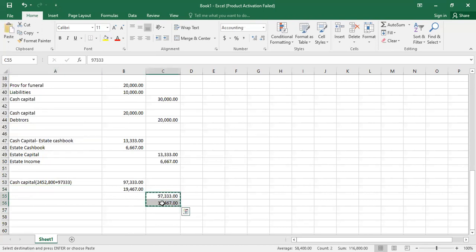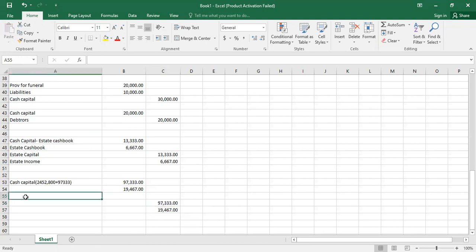What do you get? I need to document that because this is the estate income.